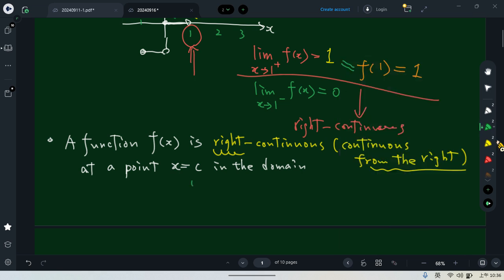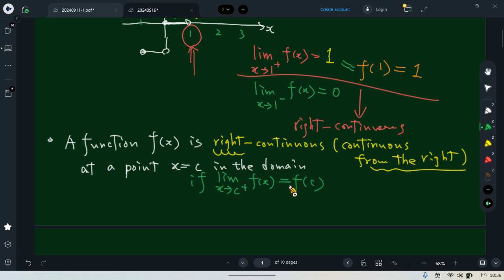If the limit as x approaches C plus of f of x is equal to f of C. You can see the limit as x approaches C plus means the point we focus on is coming from its right hand side.